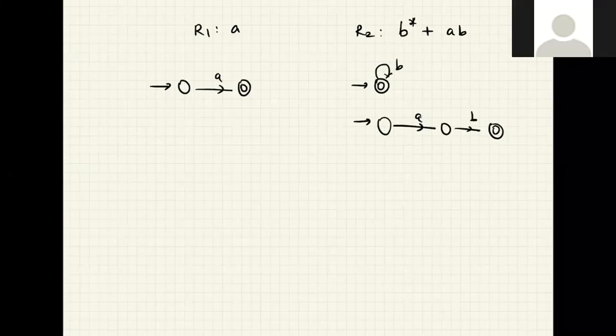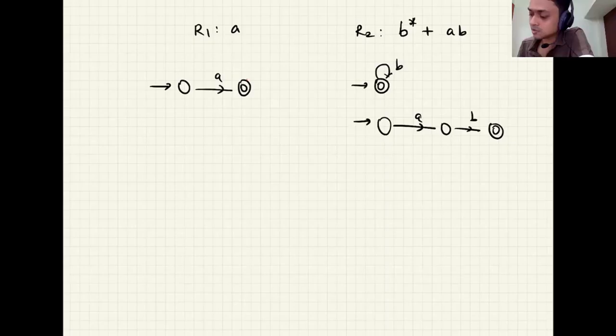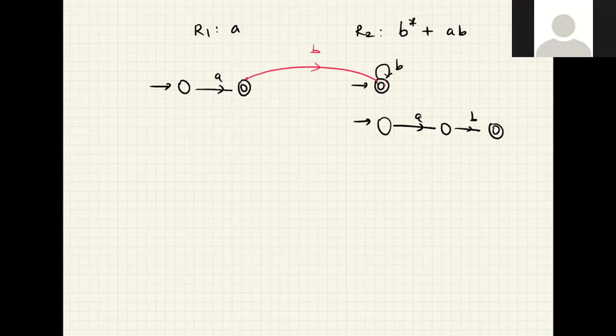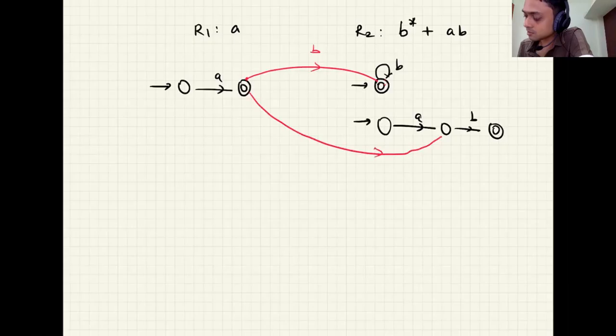So first step, I will first look at this. For this one and this one, I'll just put a B here because this has a transition on a B going back to B. And here I will put an A. Now epsilon is there in R2, so A will be A dot epsilon. So I leave this as final.